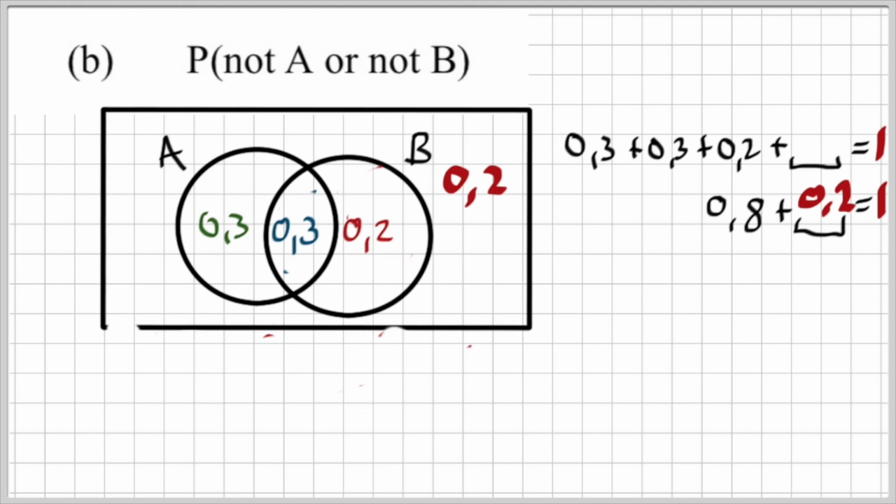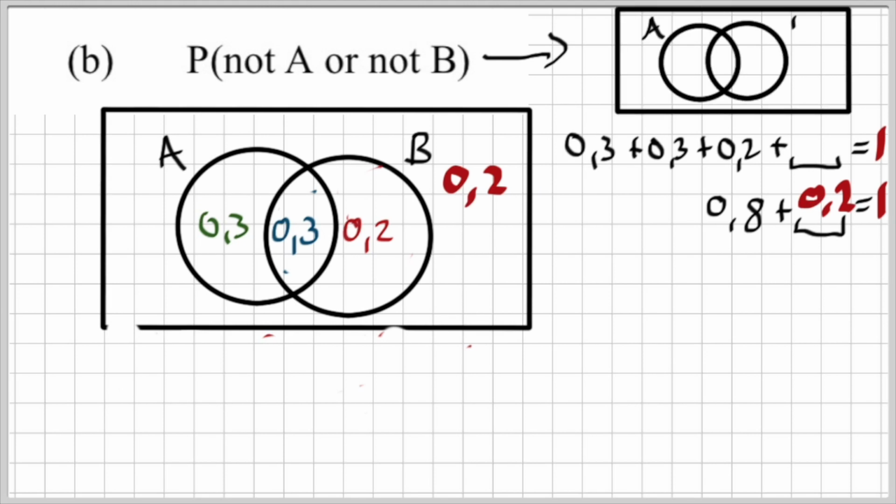For me to understand this question B, ladies and gents, I have to draw it on a sketch. Let's take a question as if I've got no information. So the probability of A not happening, so probability of not A, means outside of the circle. So I went and I colored in all the blue parts there.